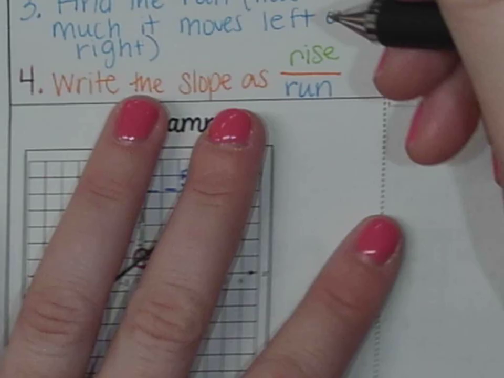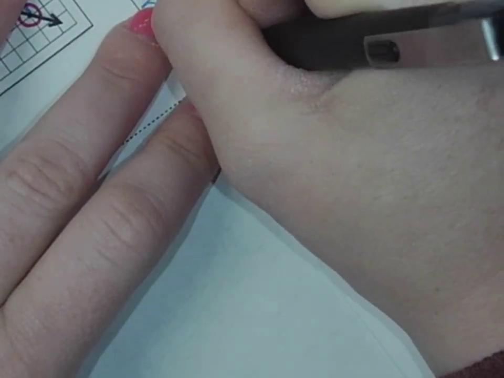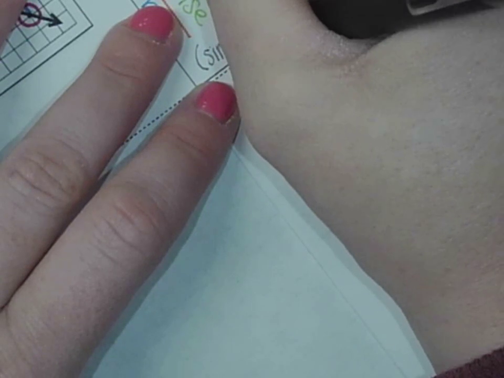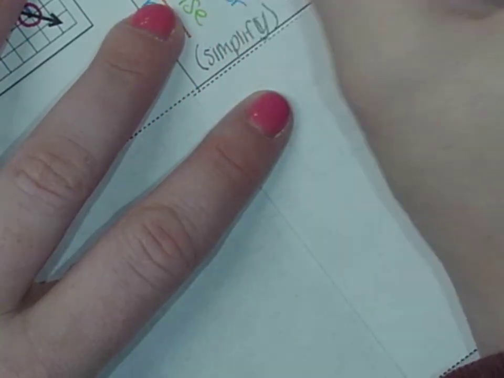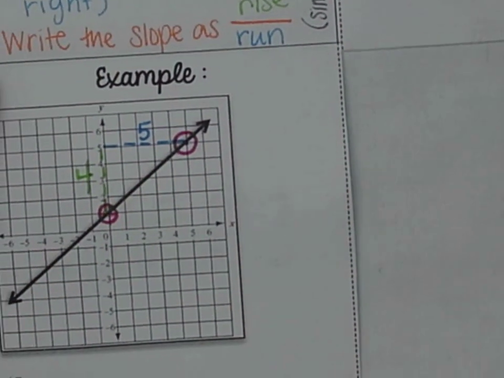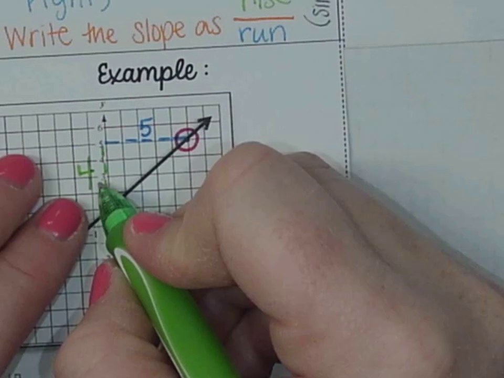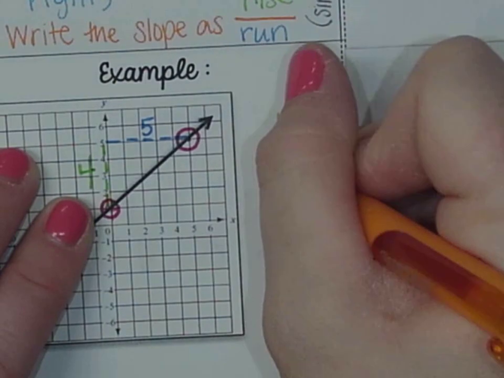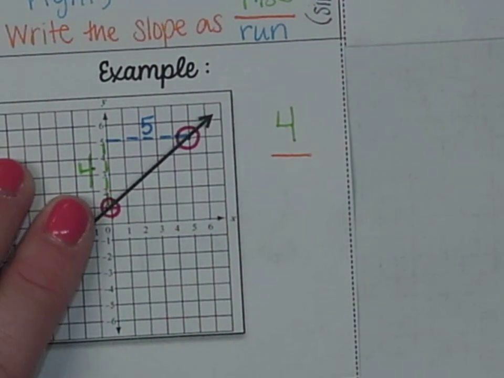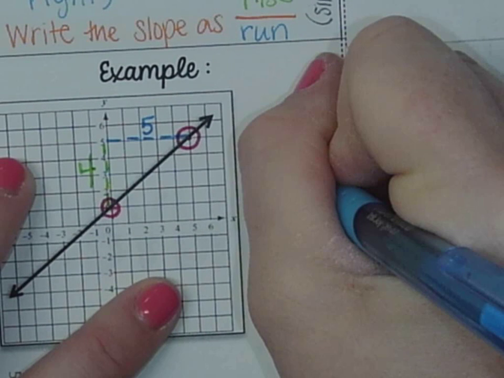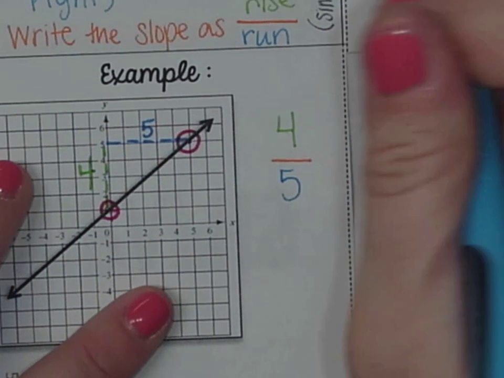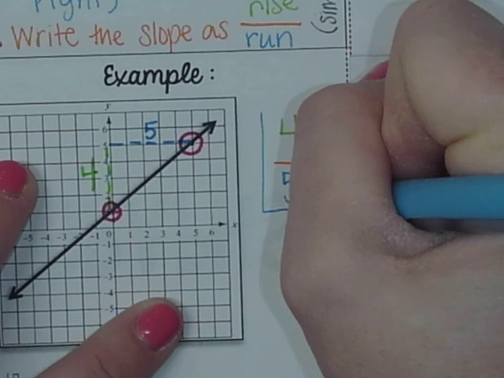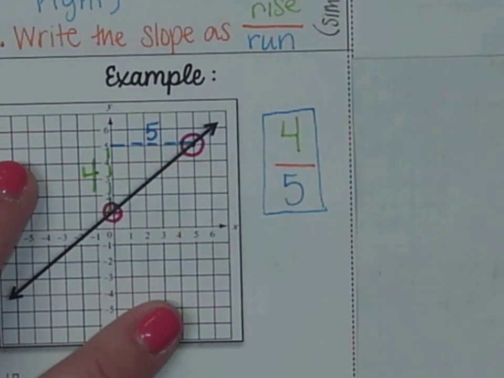And then I don't really have enough room, but I'm going to put a little note. Simplify. It's a terrible Y, sorry. So, and then simplify. So I'm going to set it up, pull the rise off, so it's 4 over 5. Which 4 over 5, there is no number that goes into both of those. So that would be my answer. The slope of that graph is 4 over 5.